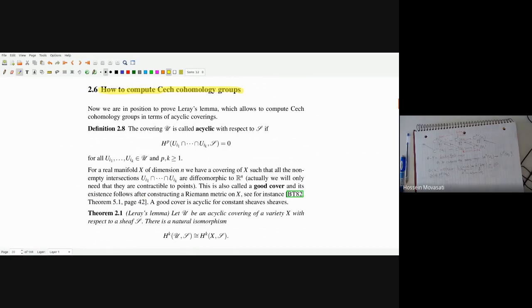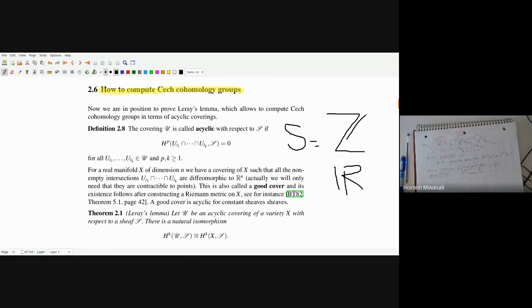As I said in my second lecture, for the moment we don't need the general language of sheaves. Just consider the constant sheaf of integers, or if you want real numbers or complex numbers.